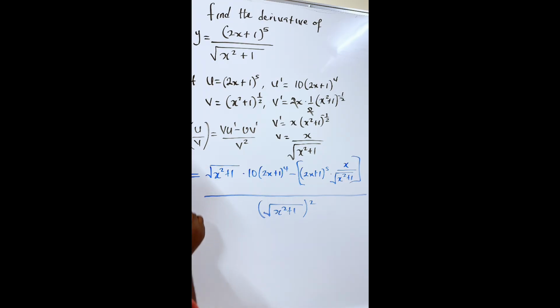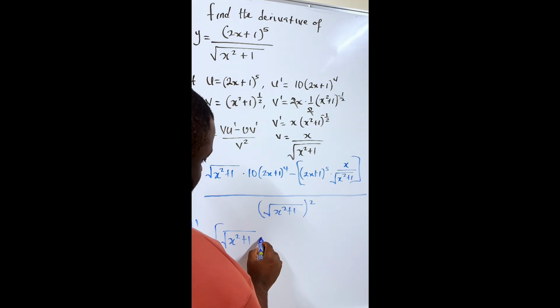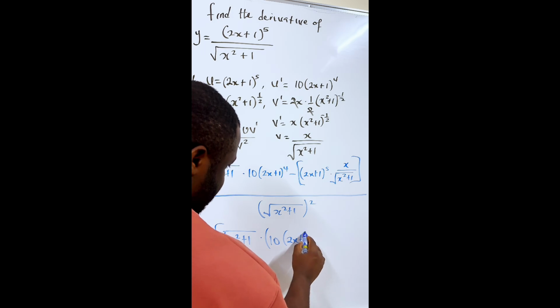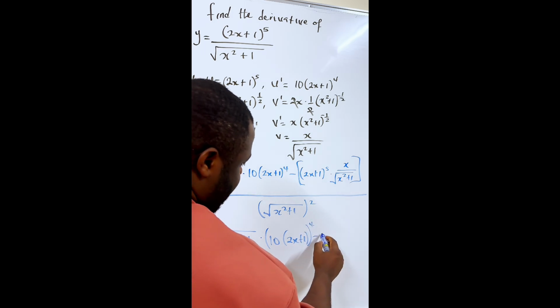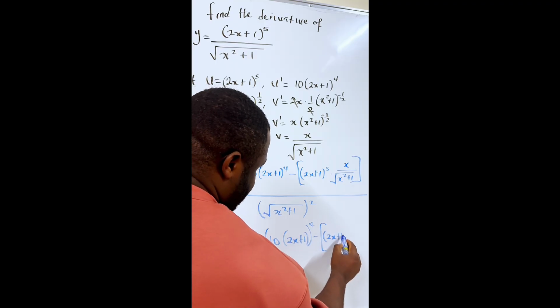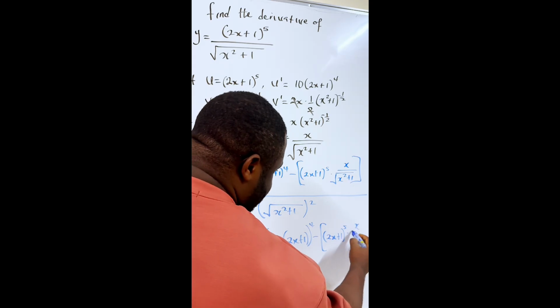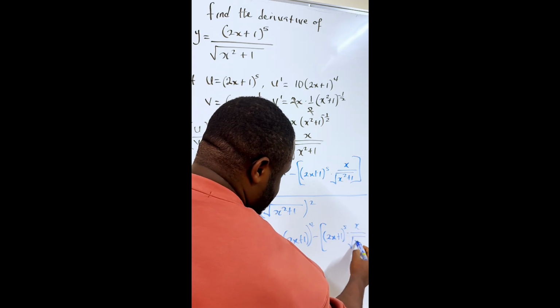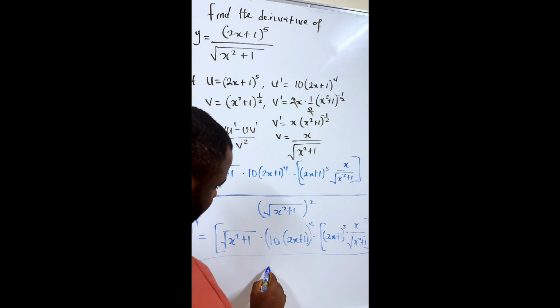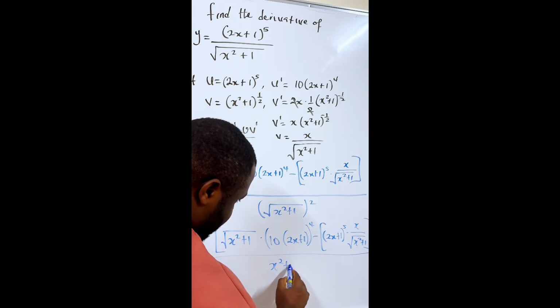So we can say y prime will now be the square root of x^2 + 1, then multiply by 10(2x + 1)^4 minus (2x + 1)^5 multiplied by x over the square root of x^2 + 1, then everything here over x^2 + 1.